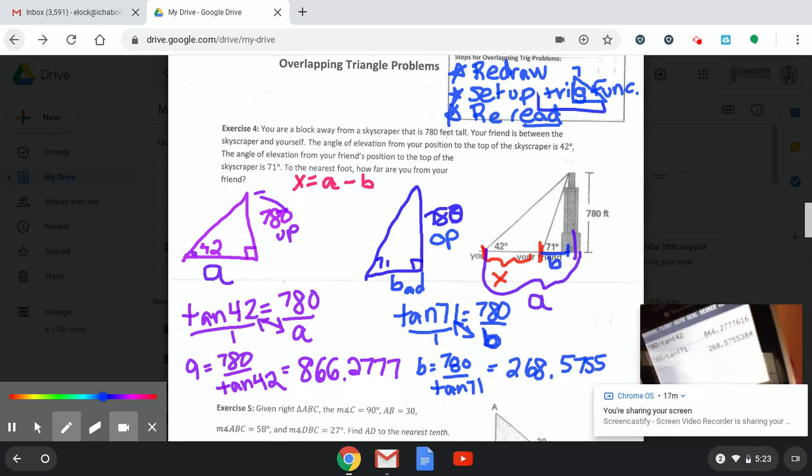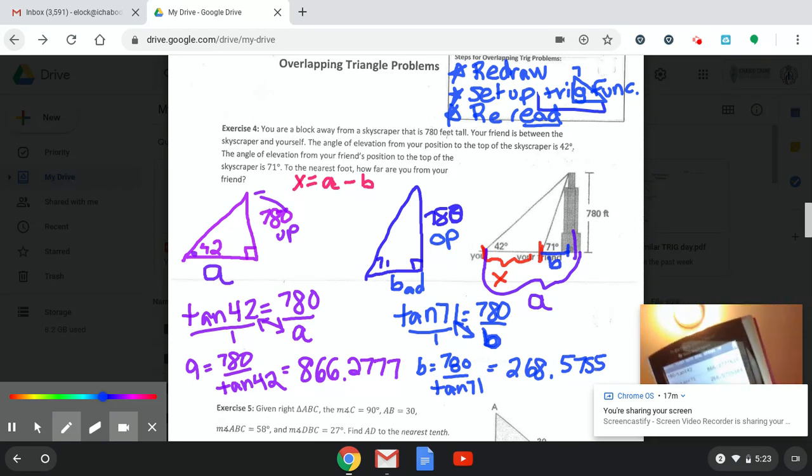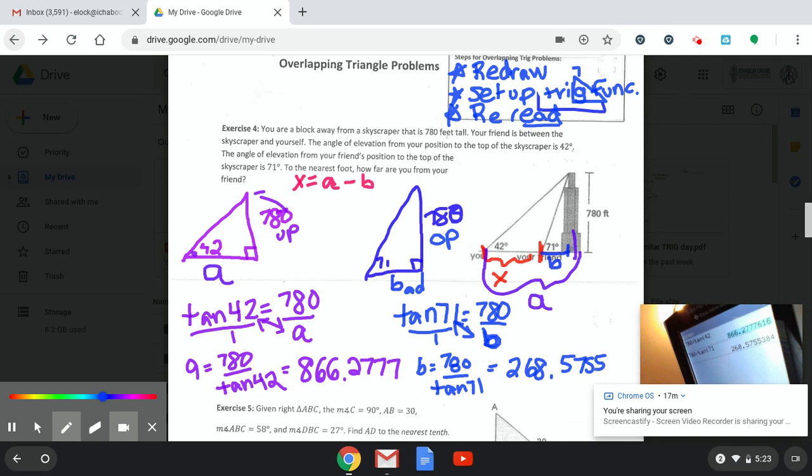Now, in our calculators, you can subtract those very easily. If you arrow up to the 866 and highlight it, it'll recapture it on the next line. Then same deal with my 268.